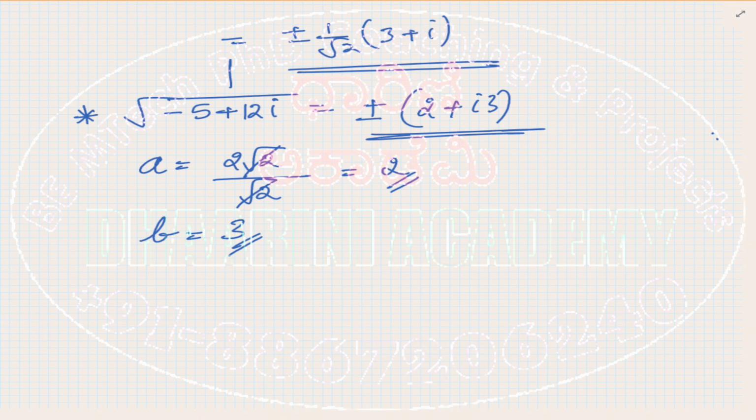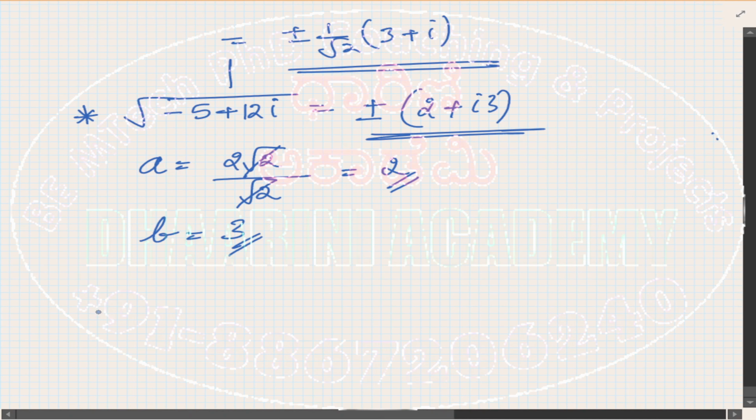Next one. This is z is equal to minus 8 minus 15i.